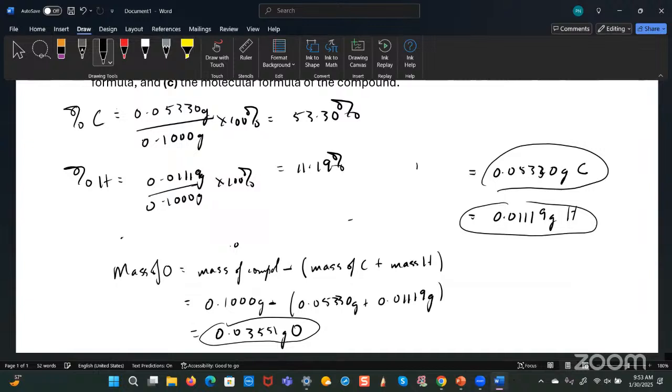This would be equal to 11.19%. And then finally, in the case of oxygen, the mass is 0.03551 grams divided by 0.1000 grams times 100%. And that will be equal to 35.51%. And that's it as far as the A part.